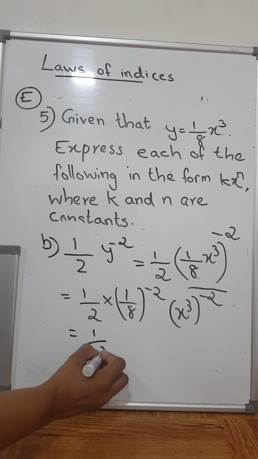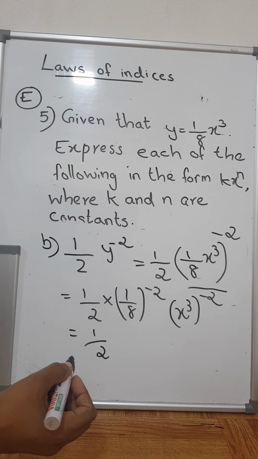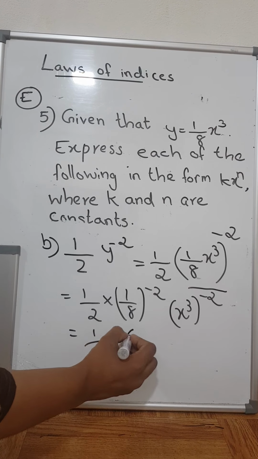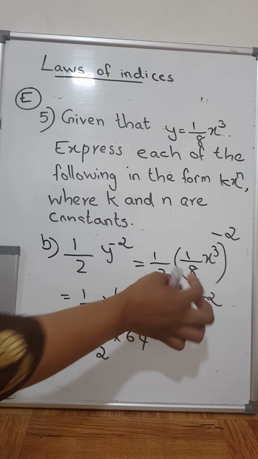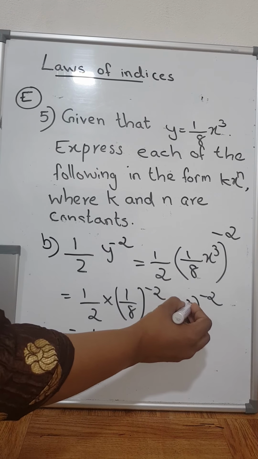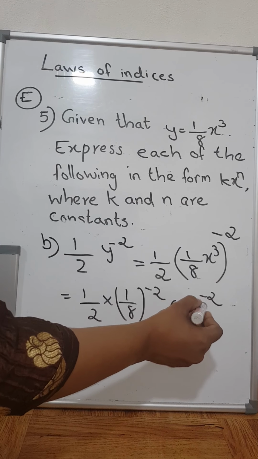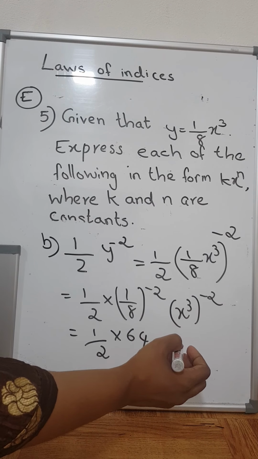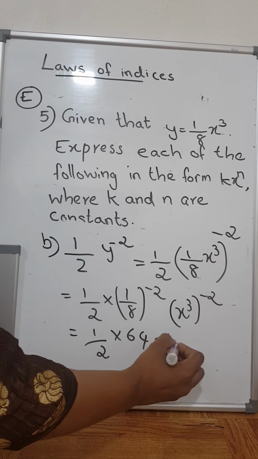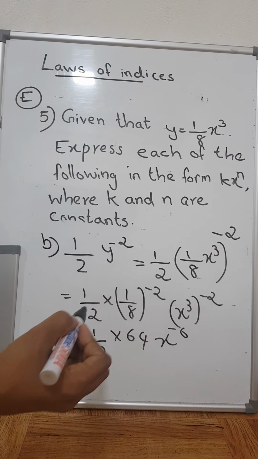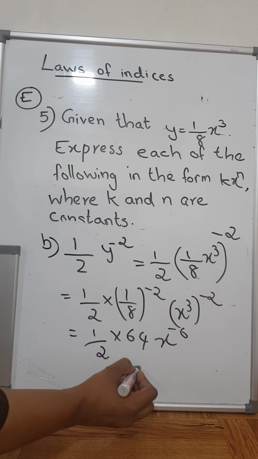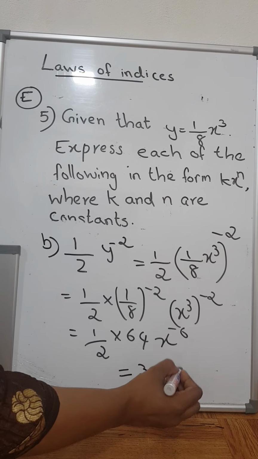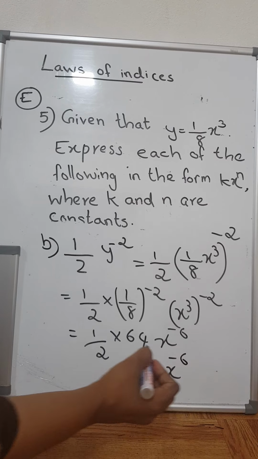So this is 1 by 2. 1 by 8 to the power minus 2 is 64. Here you can use the power law. So x cubed to the power minus 2 will be x to the power 3 times minus 2, that is x to the power minus 6. So 64 divided by 2 is 32. So the answer is 32 x to the power minus 6.